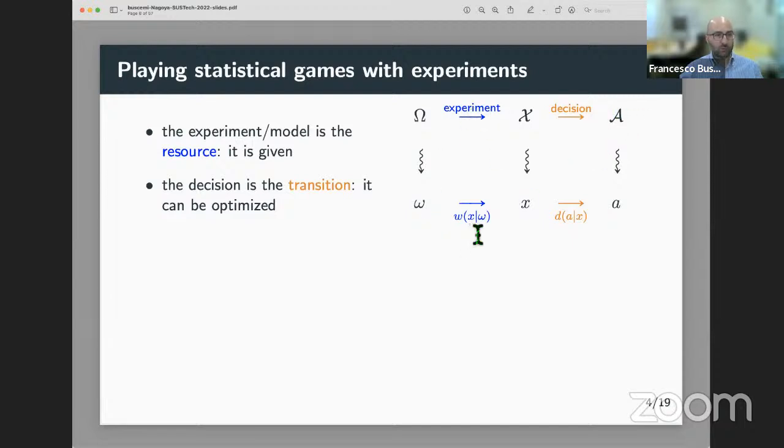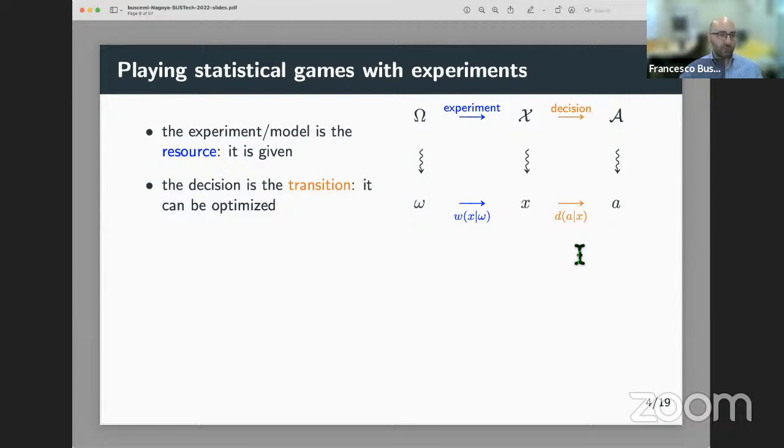So how do you model this mathematically? Well, from omega to x, you go with a conditional probability distribution, but also given some x that you observe, you can decide a particular action A, again by using another conditional probability distribution.